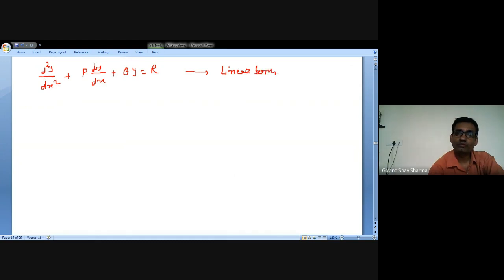In this, the first solution depends on the value of p and q. And in this type of question, one CF solution is given.